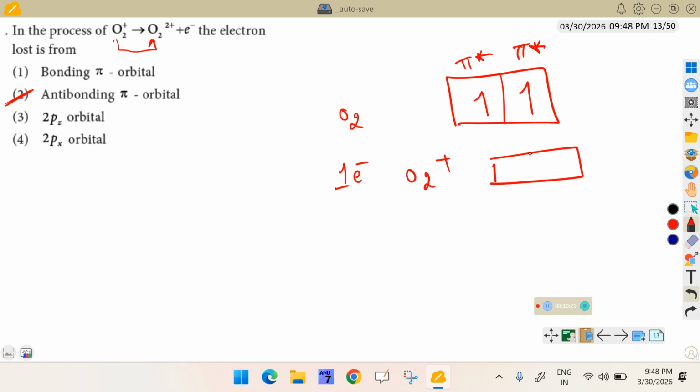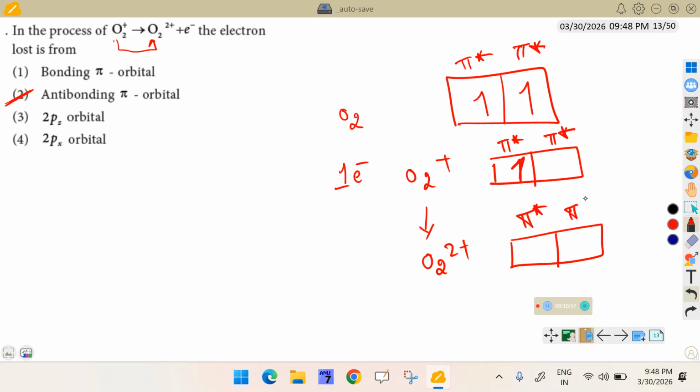Still one unpaired electron is present in the antibonding pi orbital. O2+ is converted to O2 2+ by removing one more electron from the antibonding pi orbital. So the correct option is the second option.